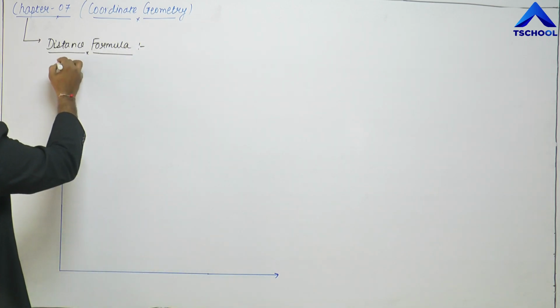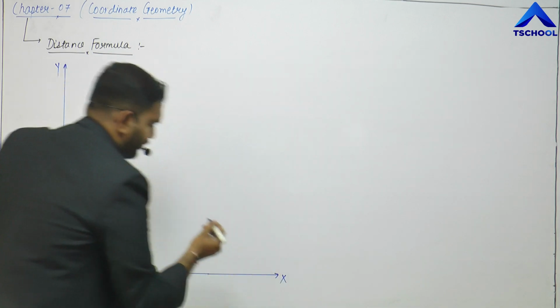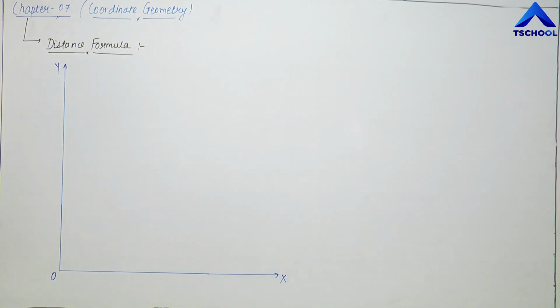So this is my positive y-axis, this is the origin, and this is the positive x-axis. Is it clear? So this is the first quadrant that I have drawn here in the plane.